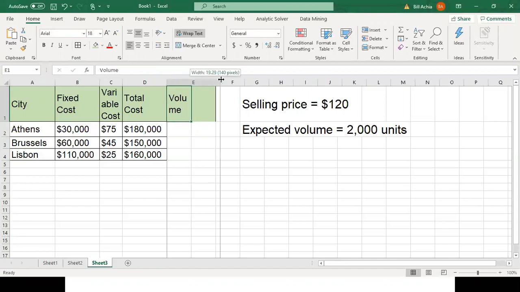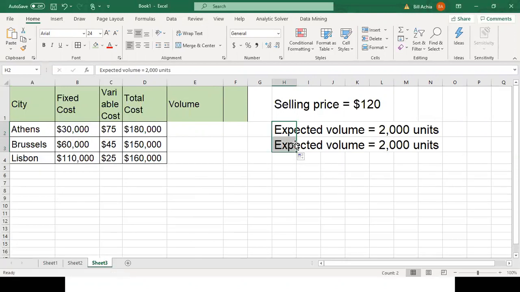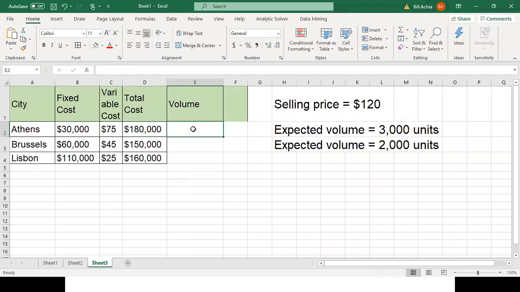Let's look at a situation where instead of producing 2,000 units, let's say I was projecting that we're going to be selling 3,000 units. With this new volume, our total cost would be our fixed cost plus $75 per unit multiplied by 3,000. Now you notice something happens here.